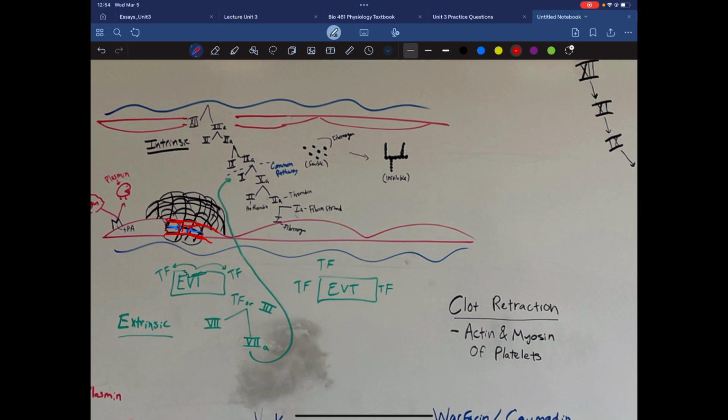There are also things released that can help proliferate the extravascular tissue. But just know, from the platelets, I don't know if I was saying plasma before, but I meant platelets, chemicals are released that aid in rebuilding or proliferating the endothelial layer in those cells.